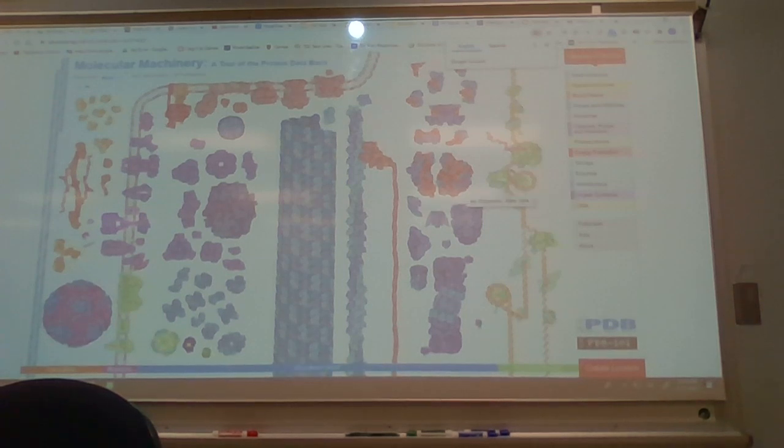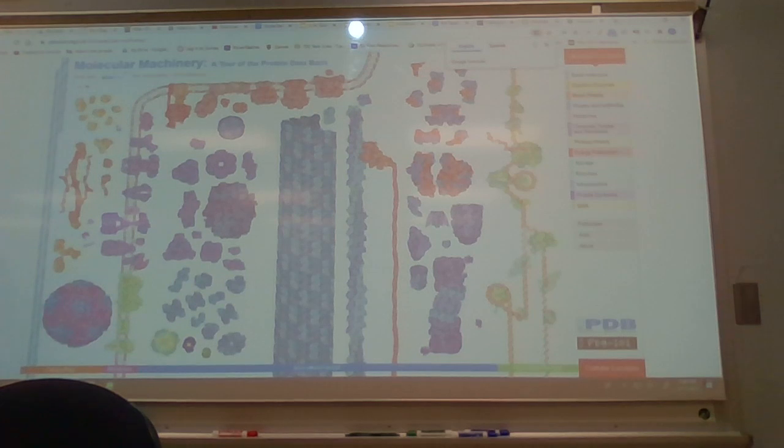On the very right, the orange molecule is actually DNA. And so those are all proteins that are associated with DNA. On the other side of the membrane, to the left-hand side of the screen, those are all extracellular proteins, so proteins that are outside the cell membrane that might be like in your bloodstream and stuff like that.